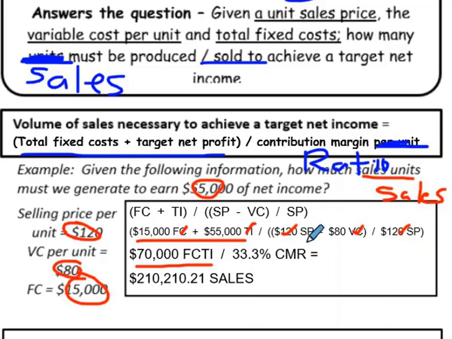When we calculate the contribution margin ratio from this formula, it comes out to 33.3%. That means we will have to generate a total of $210,210.21 worth of sales in order not only to break even, but to earn a target net income of $55,000.